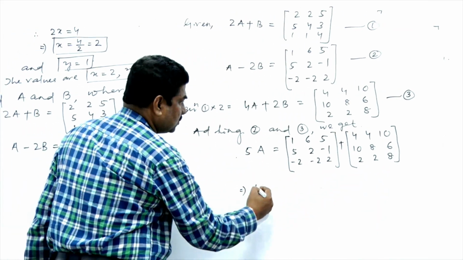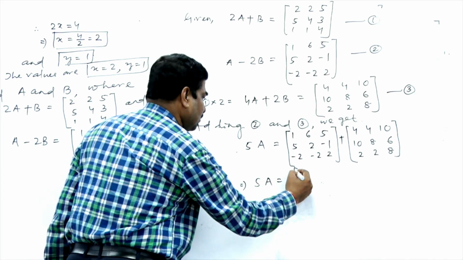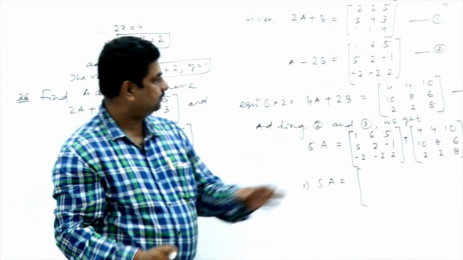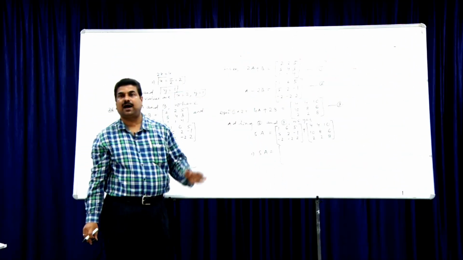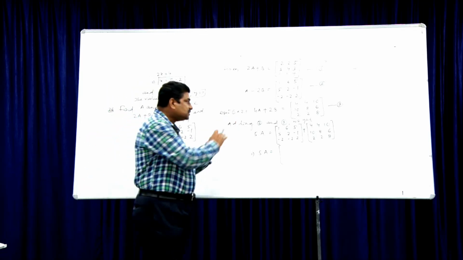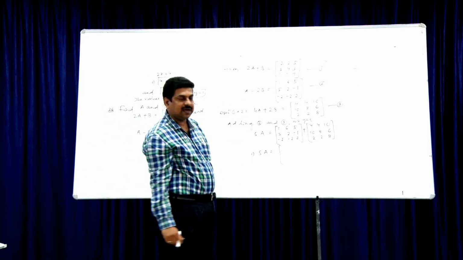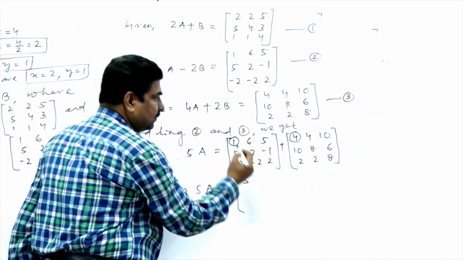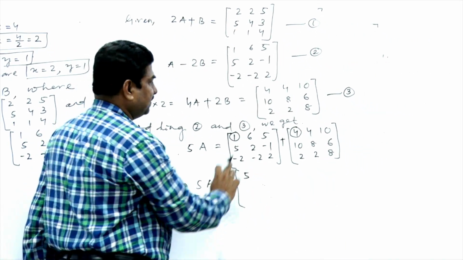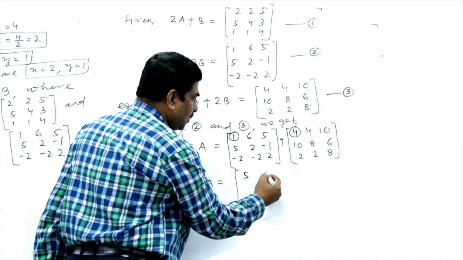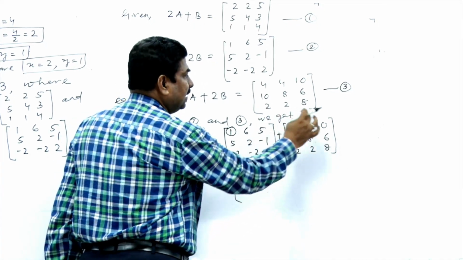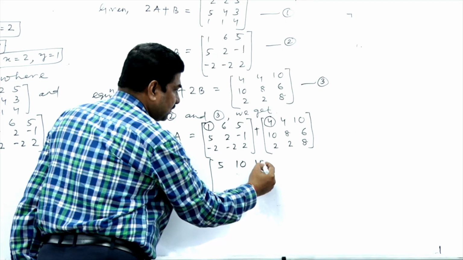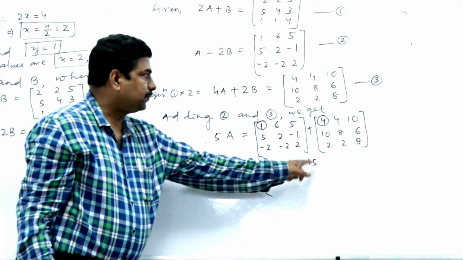So 5A is equal to, on the right-hand side we have to add these two matrices, that means we add the corresponding elements. So 1 plus 4 is 5, 6 plus 4 is 10, 5 plus 10 is 15.